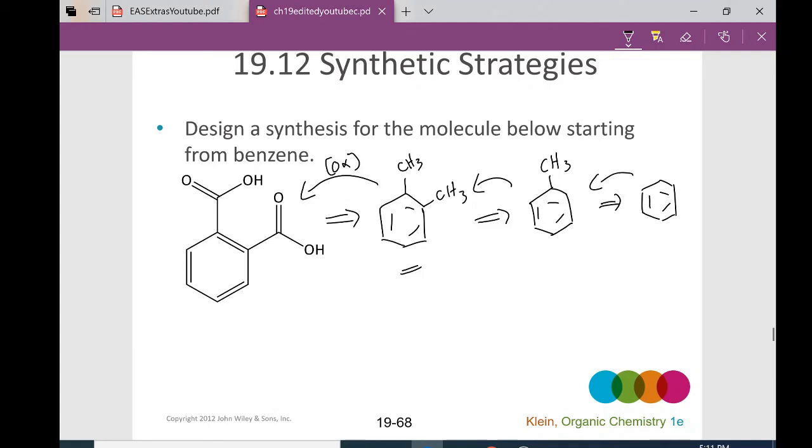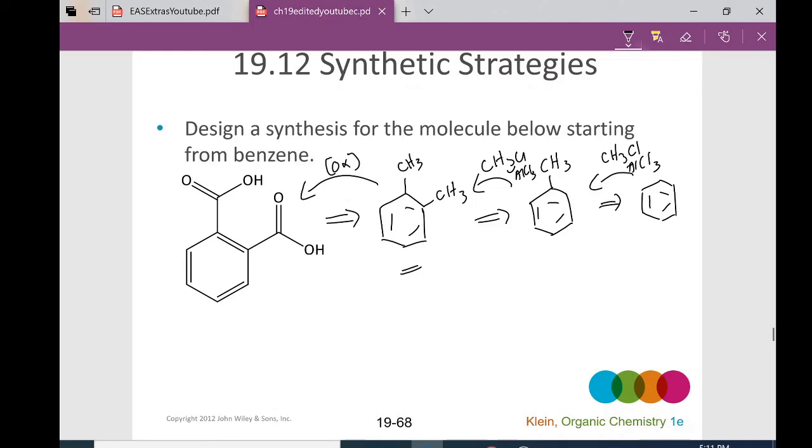We can use CH3Cl and AlCl3. We can do a Friedel-Crafts alkylation. But we can't just do that again and go from here to here. You might be able to get a significant yield of the ortho product, but very likely not. Your major product is going to be the para.